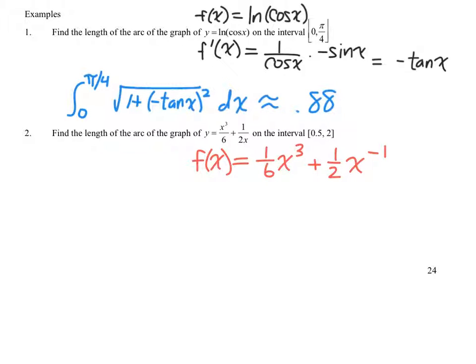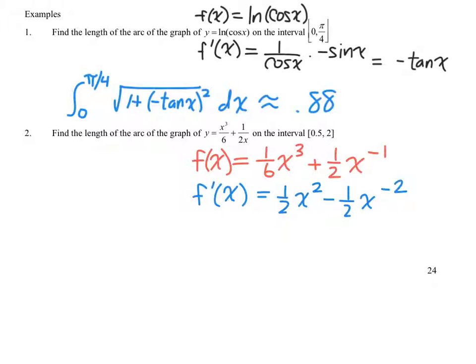Because remember, we're taking the derivative. Whenever you're taking the derivative, or even antiderivative, the idea is to come up with the most convenient form of the expression. So f prime would be 3/6, so 1/2 x squared minus 1/2 x to the negative second.